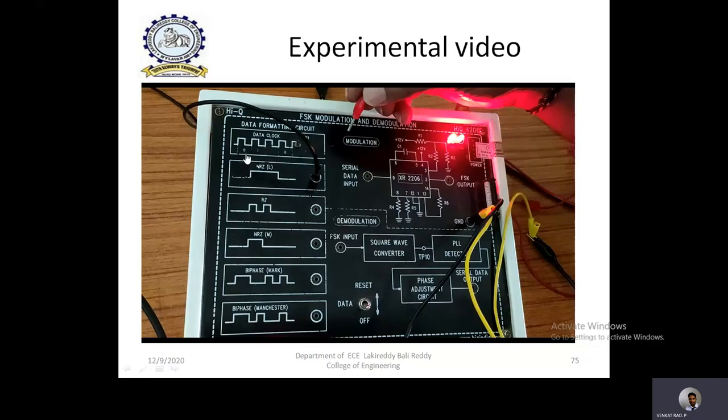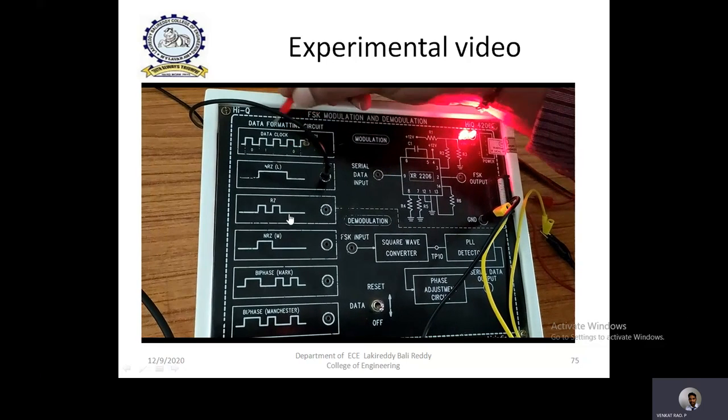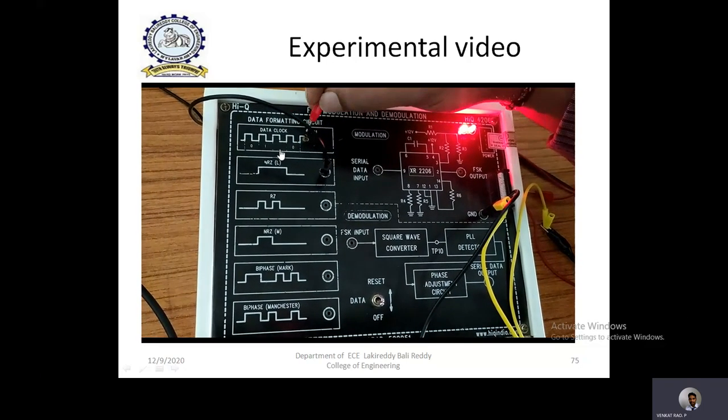For example, if the input is 0, 1, 1, 0, then that 0, 1, 1, 0 is applied here, and from this also the same 0, 1, 1, 0 is applied. But the way the binary sequence is represented is different in different line coding techniques. Keep that in mind. Now let us compare the input with the clock.